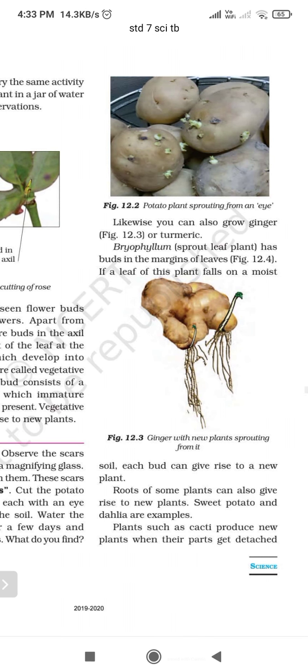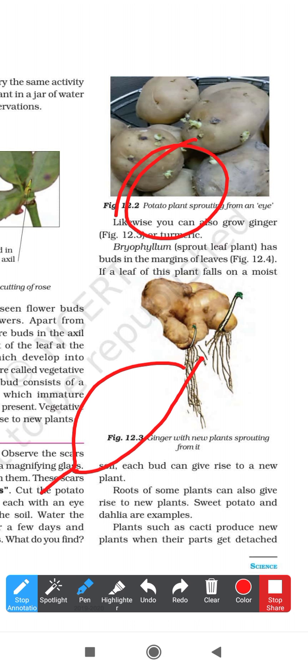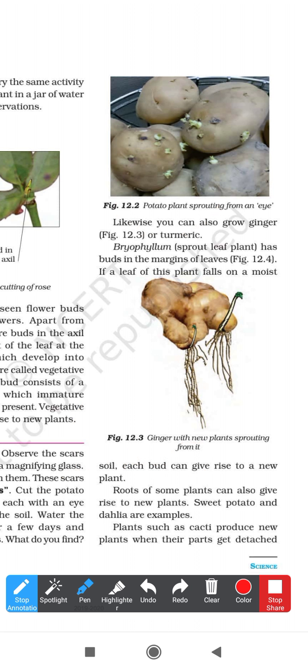Understood? Now bryophyllum is one leaf. From this leaf a new leaf will grow, right? It is one leaf, and over here one new leaf will grow from this. It is bryophyllum, right? In the margin of the leaf a new leaf will grow.